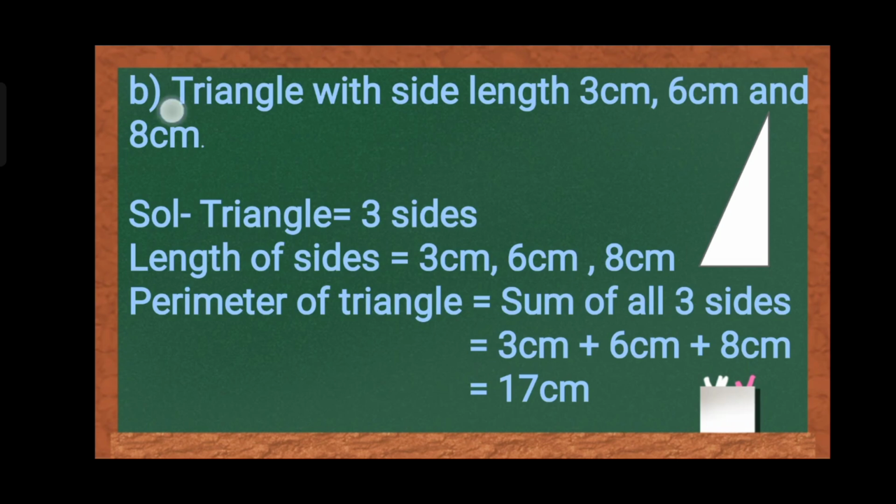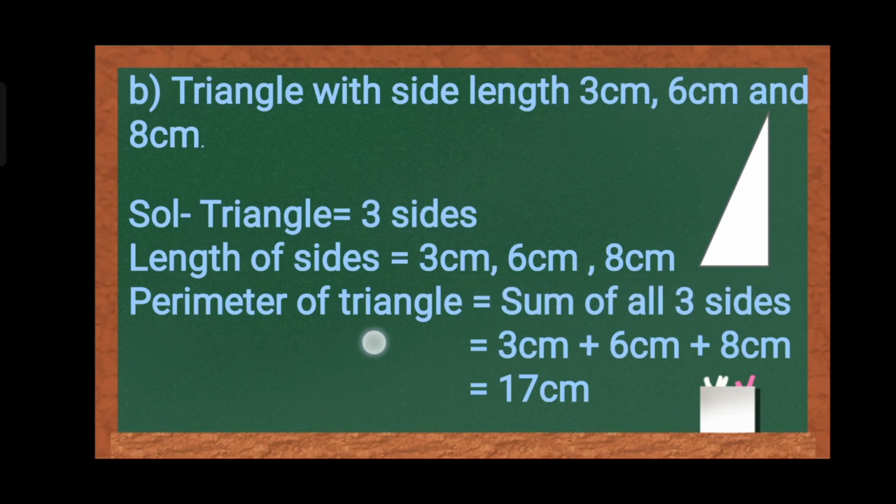We have to find out the perimeter of a triangle with side lengths 3 cm, 6 cm and 8 cm. So let's start the solution. Triangle, how many sides are there? 3 sides. Length of sides is given as 3 cm, 6 cm and 8 cm.